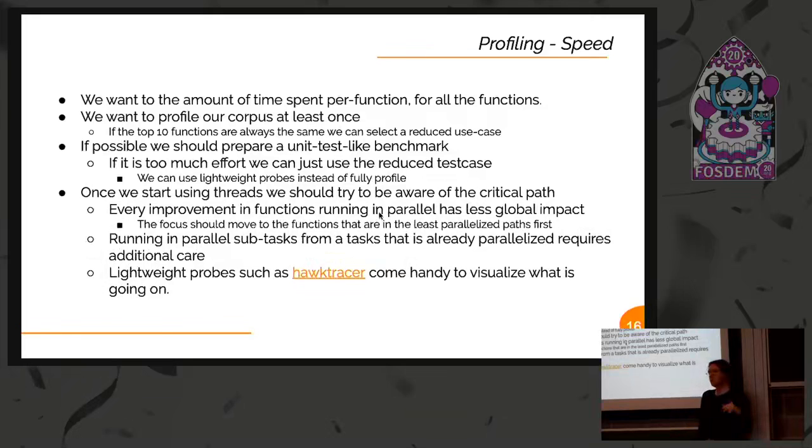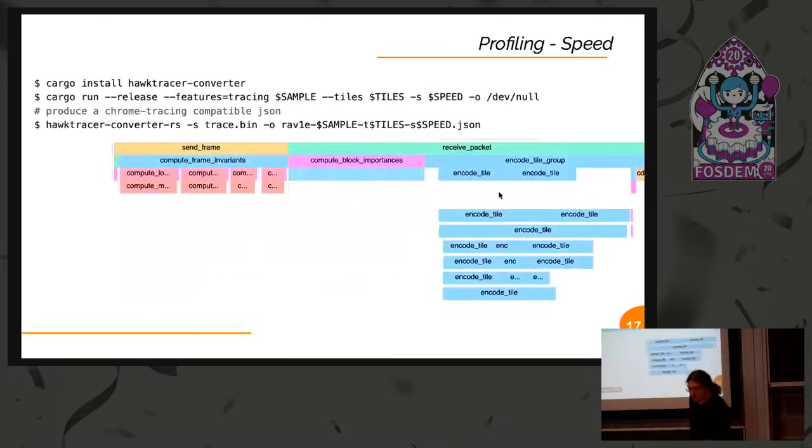Hawk Tracer, that has also been presented even this year, again, is one of the best. Is one of the easiest to use if you are using Rust. And it comes with really nice visualization. And as you might see, it's really easy to use.